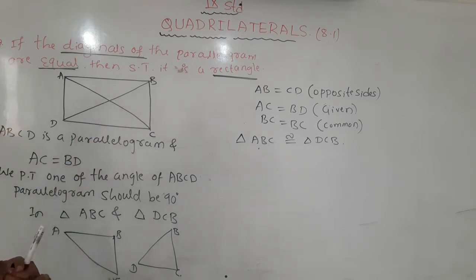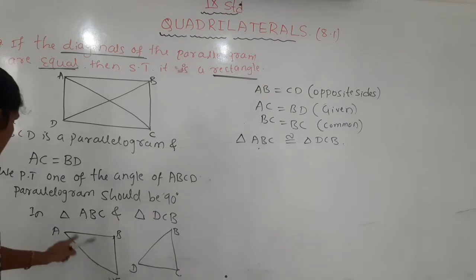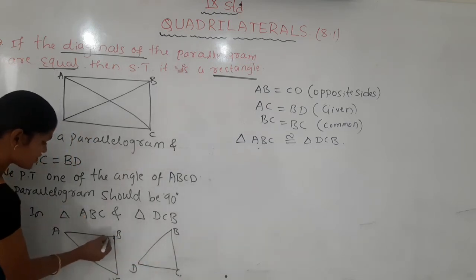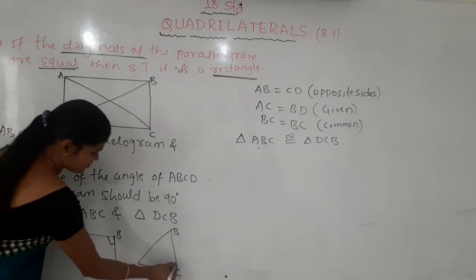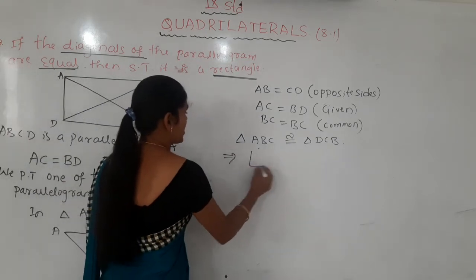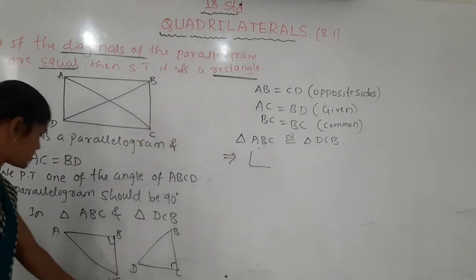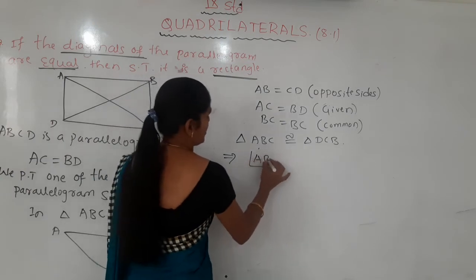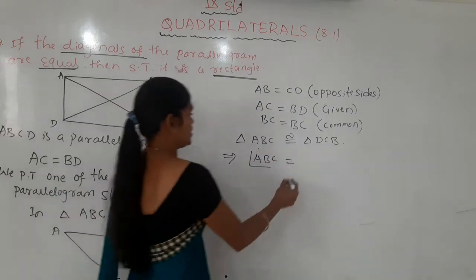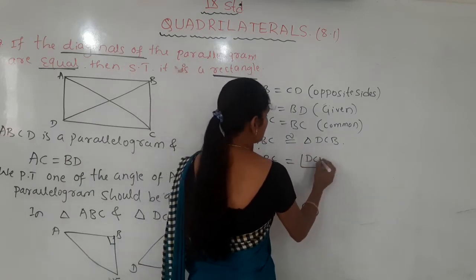Are these two angles equal here? Yes. This implies angle ABC is same as angle DCB.